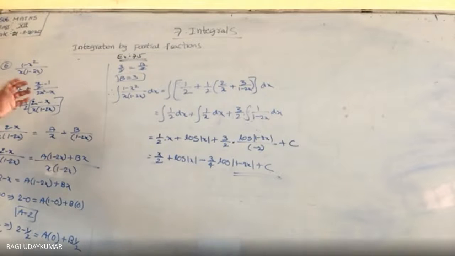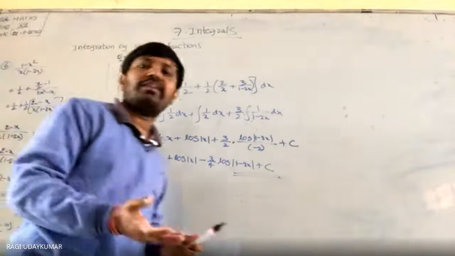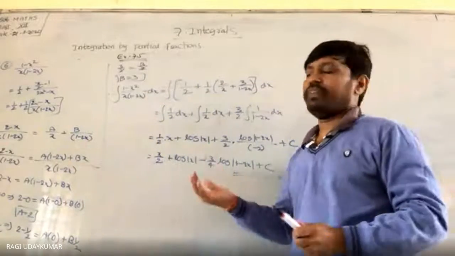Okay, see here once again, this has to be divided. How do you identify, sir? The degree here is 2, and here the degree is also 2. So when the numerator degree is the same or more than the denominator degree, you have to divide it, division of polynomials, which you learned in 9th class. Using that concept you can divide it.